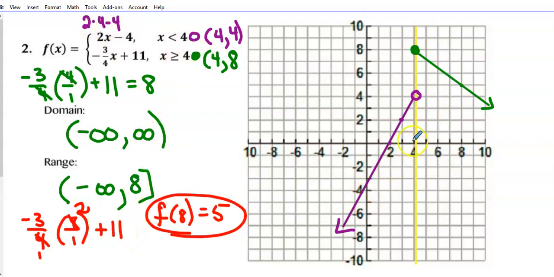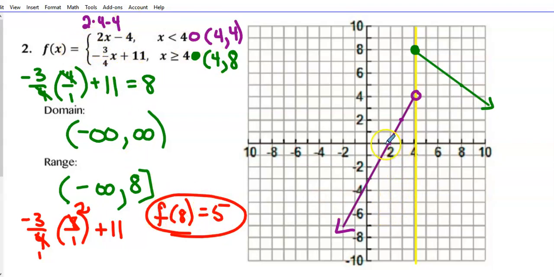Here's the problem. Sometimes the graph is not precise and you can't really tell where f of something is. So if I said, what is f of 2? Well, it's really hard to tell if it actually went through that 2 or if it's kind of beside it. So the most accurate way to do it is to look at the function itself.